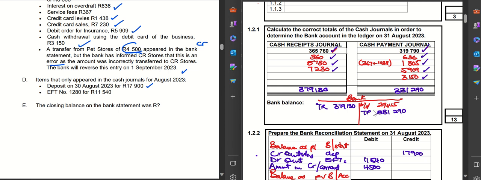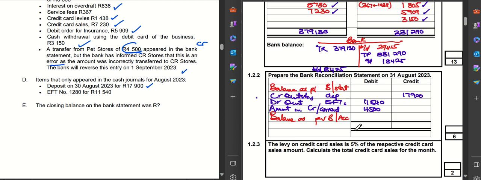Okay, so let's total then. Which side is bigger? You would find that we end up with a balance of 18,425, which is on the debit side. All right, so we're going to come here and then we're going to have a carry down of 18,425, which will come down as brought down 18,425. So when I come to the bank reconciliation, my balance as per bank account is going to be on the debit, which is 18,425.